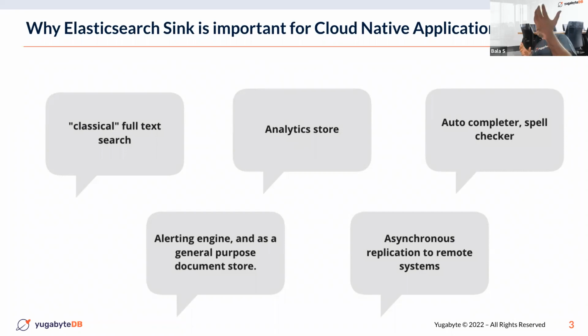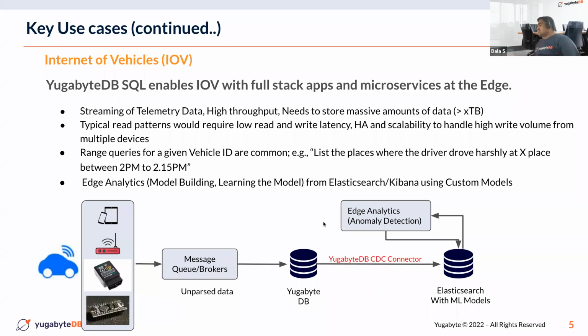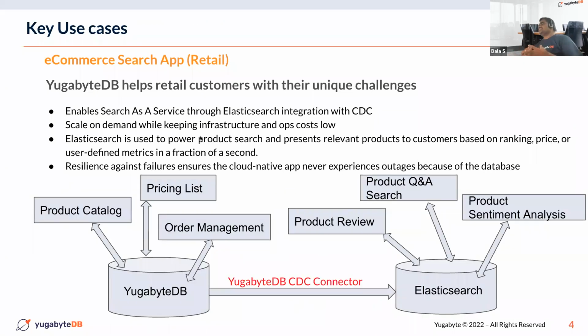So this marriage of YugabyteDB and Elasticsearch is very important in many use cases, but we thought of taking one of the interesting use cases: how e-commerce search applications in the retail industry are using it. As we know, YugabyteDB is really helping today to store a lot of retail transactions, for many of their customers who come for the product catalog or look for the pricing list, and it even takes care of order management.